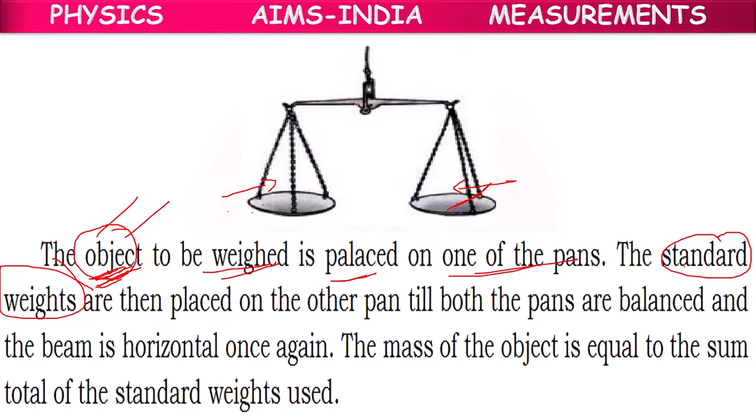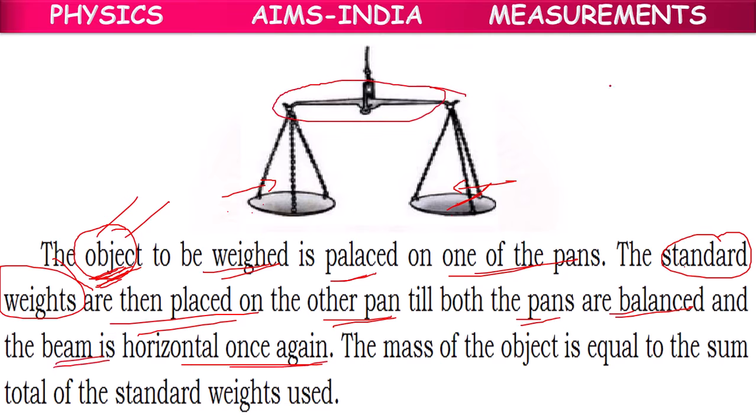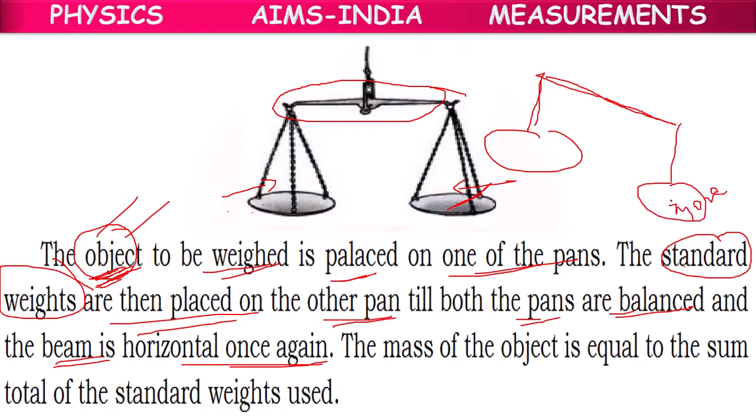We do this till both the pans are balanced and the beam is horizontal once again. If the weight on one side is more, the beam will become somewhat slant, and if it is less, the beam will slant the other way.